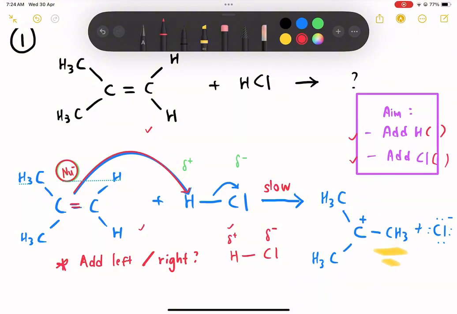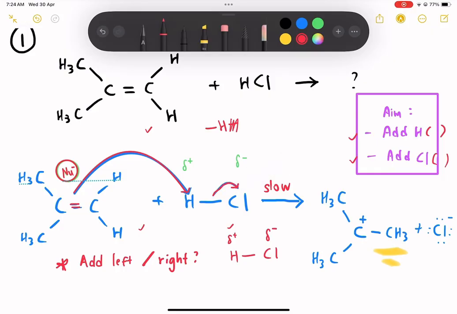So after the nucleophilic pi electron reaches hydrogen, the hydrogen will break one bond because hydrogen cannot have two bonds. It can only have one bond. So the remaining bond will break and the electrons will go over to Cl.